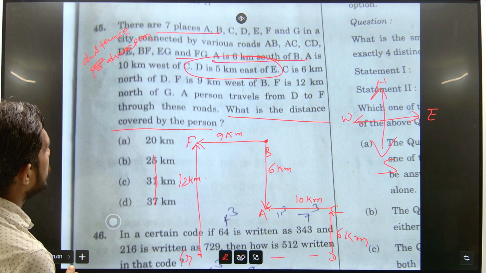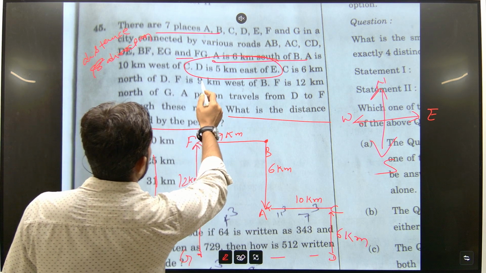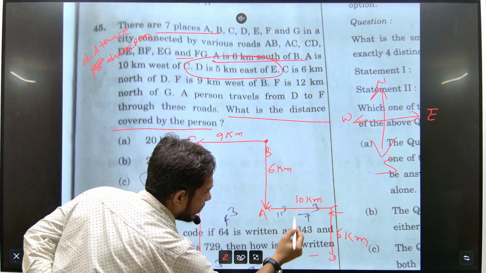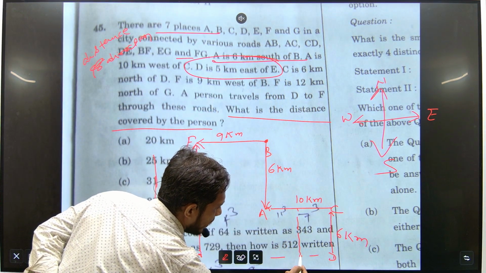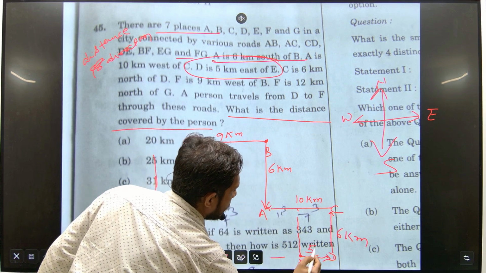Here it is also given that D is 5 kilometers east of E.